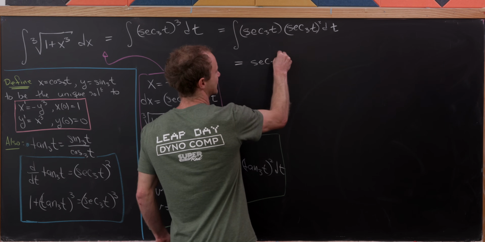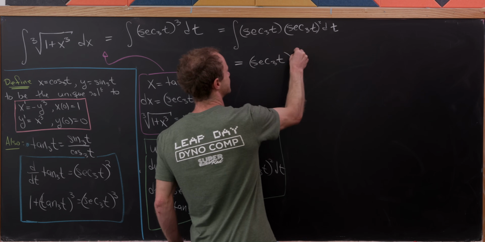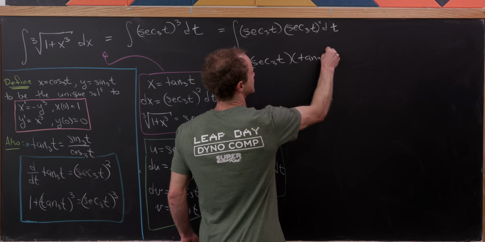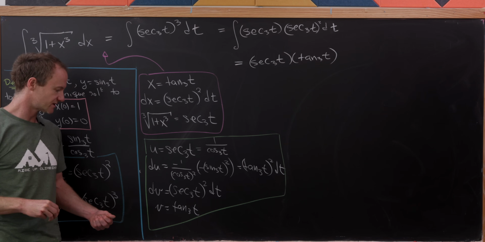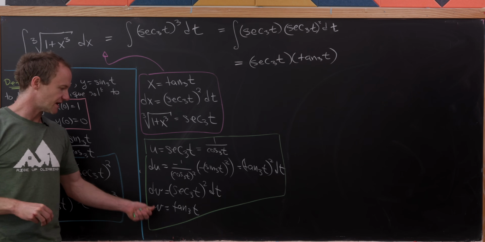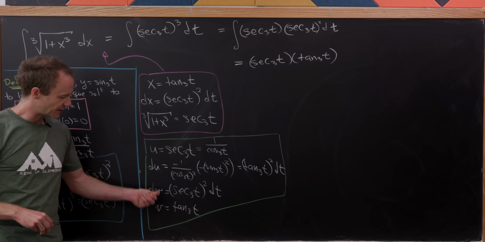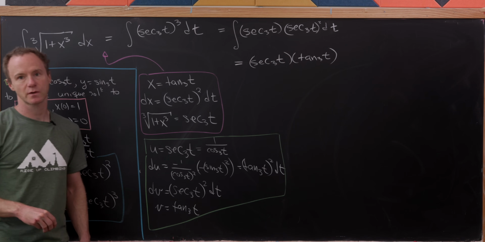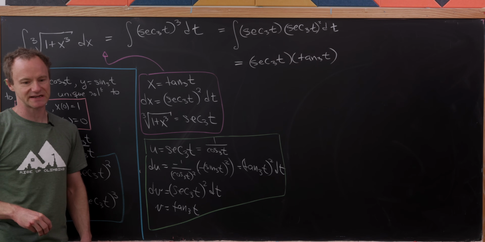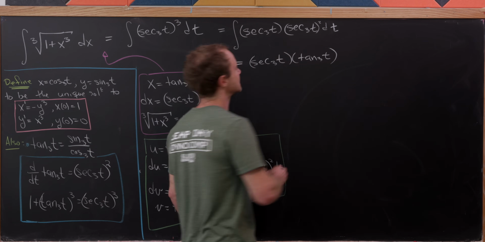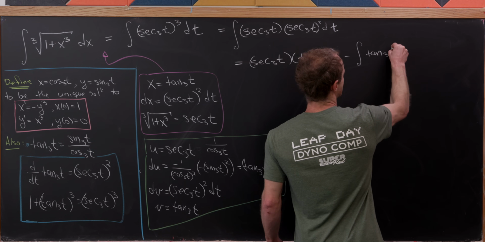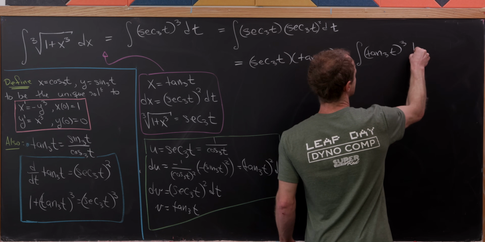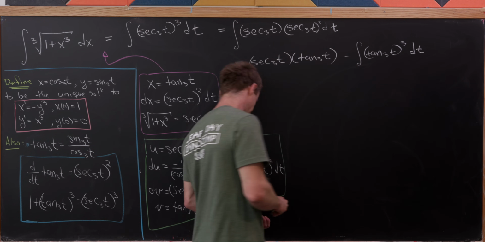So here we've got secant 3t times the tangent 3t, and then minus the integral of v du. But then we've got a tangent and a tangent squared. Those will multiply together to give us a tangent cubed. So here we have minus antiderivative of tan 3t cubed dt.